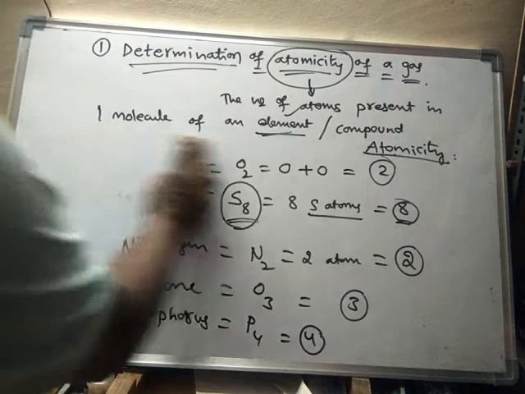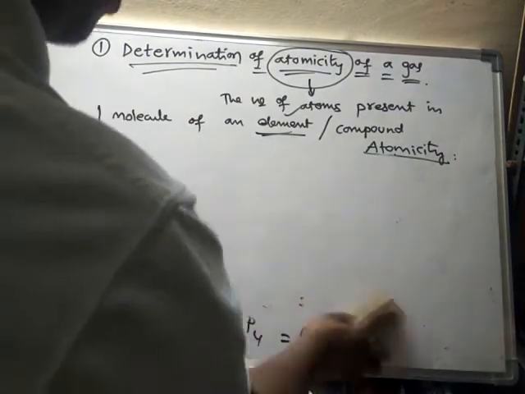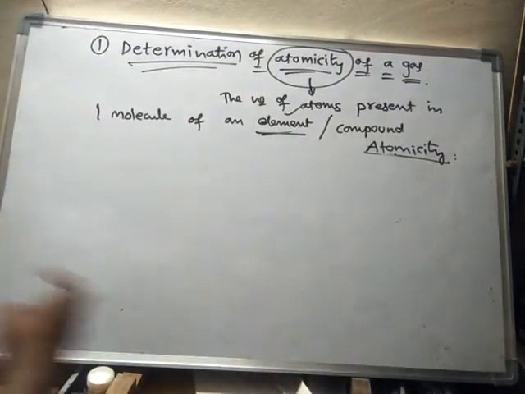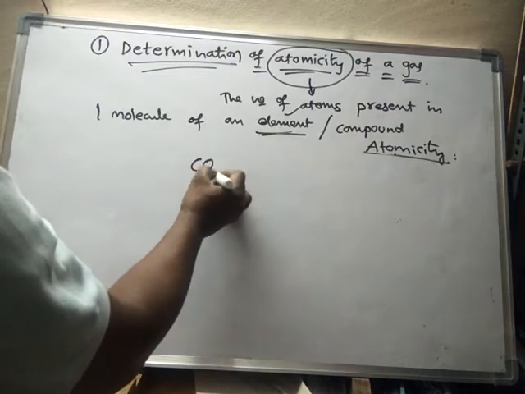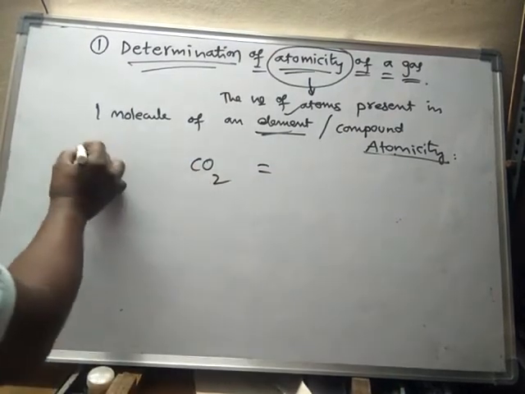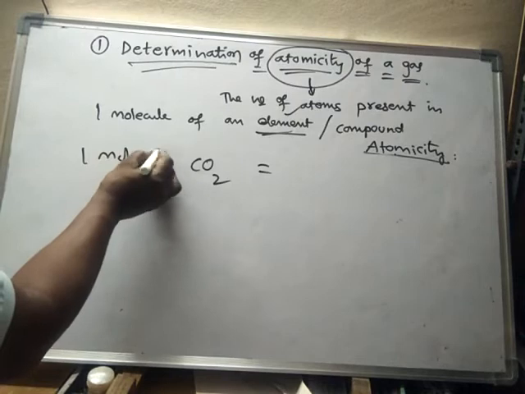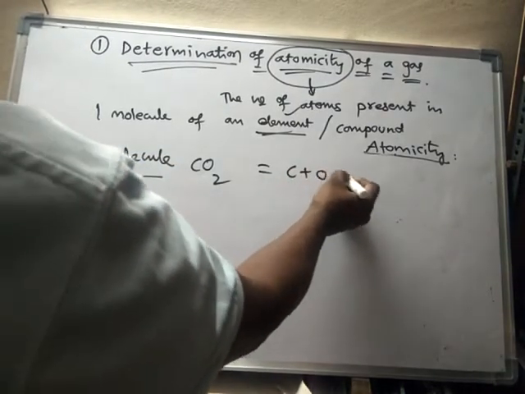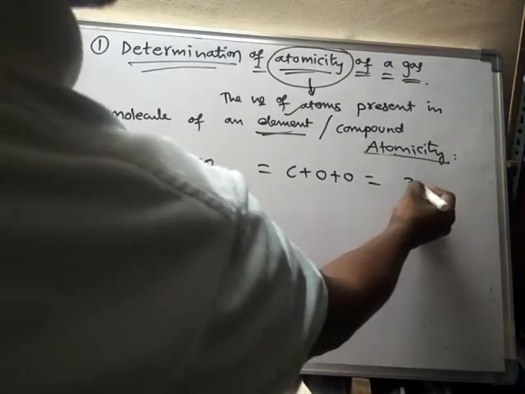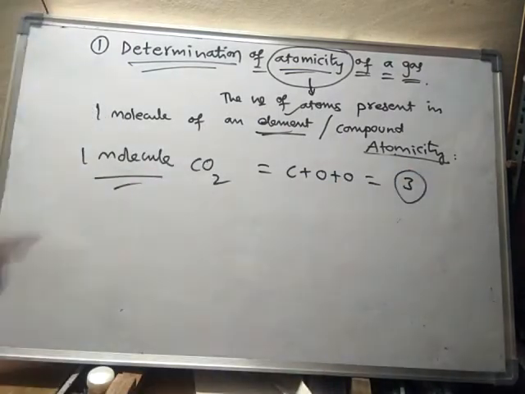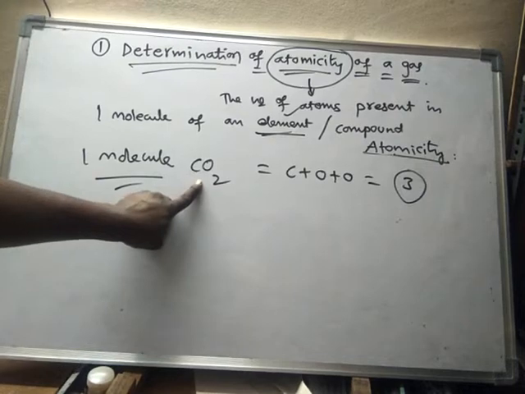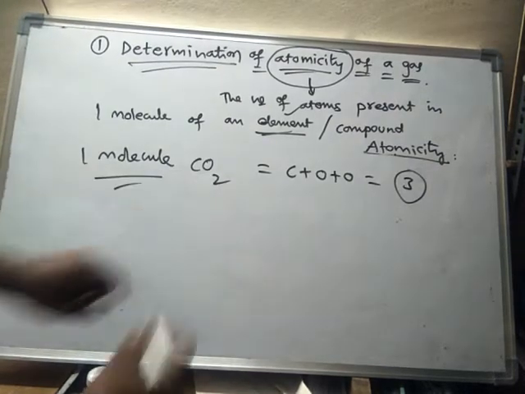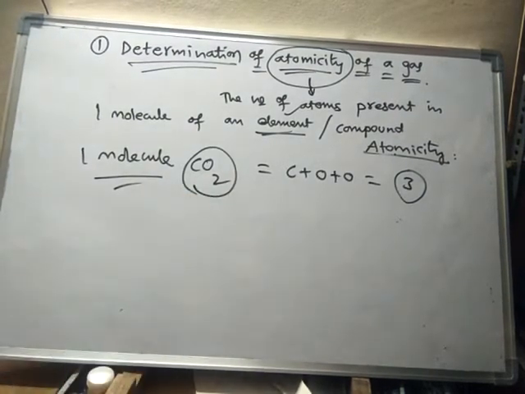For example, take carbon dioxide. One molecule of carbon dioxide contains 1 carbon atom and 2 oxygen atoms. Altogether 3 atoms. Hence the atomicity of carbon dioxide is 3.